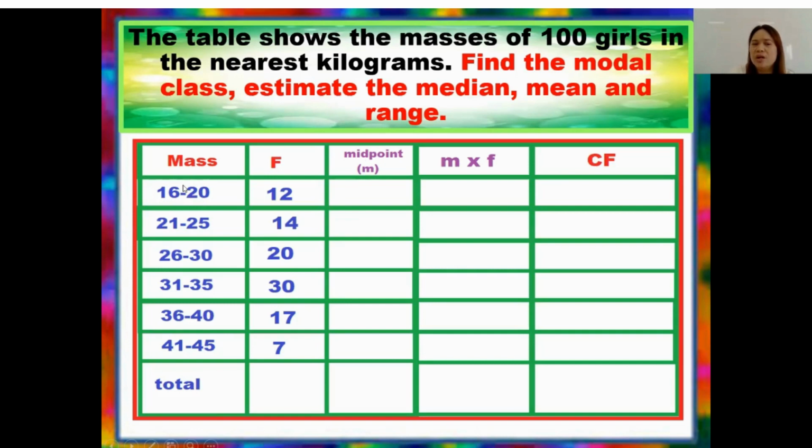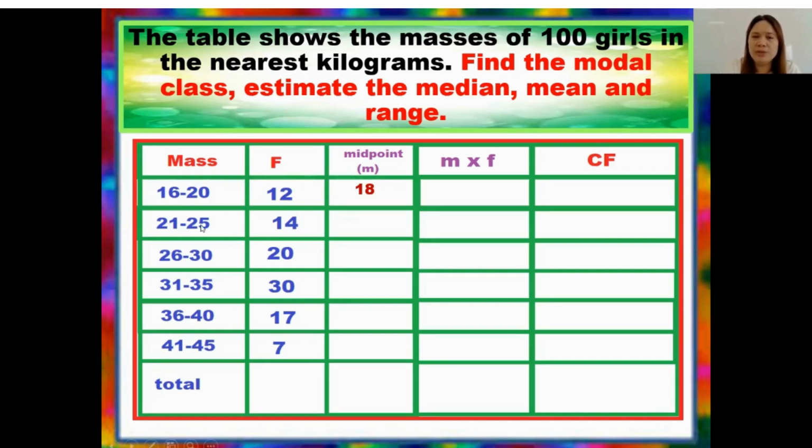Or you can think of a number between 16 and 20, which is 18. So you have 2 ways to do it. If you cannot do it mentally, add 16 plus 20, that's 36, and divide by 2, since we're talking about the midpoint. So 18 is the midpoint of the first class interval.